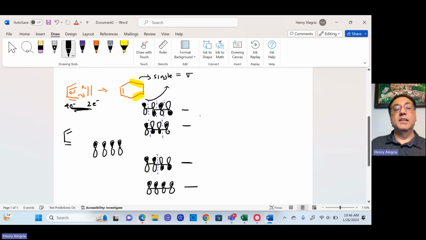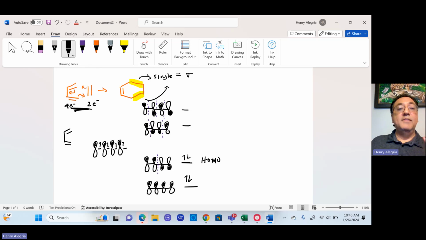And I have these and I have that. So I have one electron with each of these atomic orbitals. So that means when I fill the molecular orbitals, 1, 2, 3, 4. So therefore, this represents the HOMO orbital.